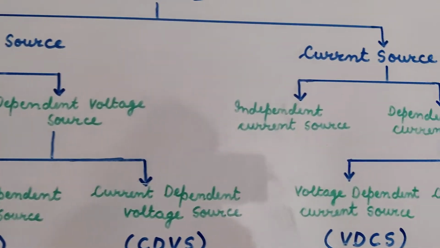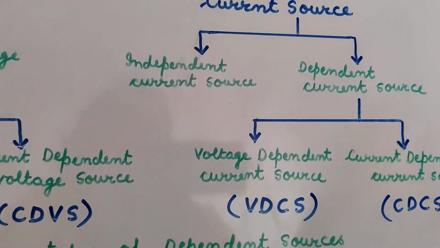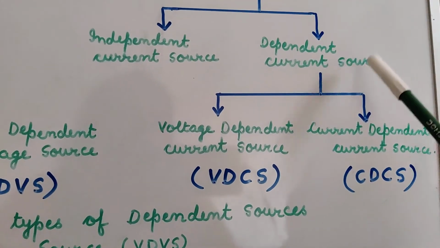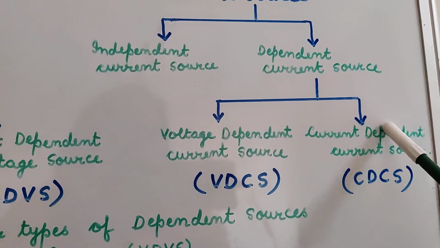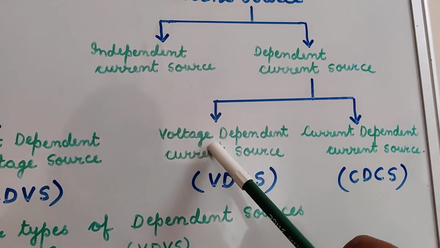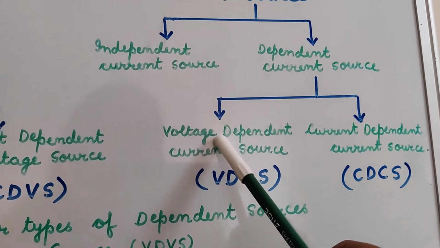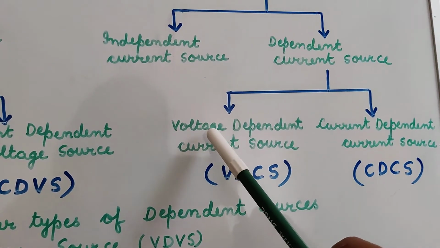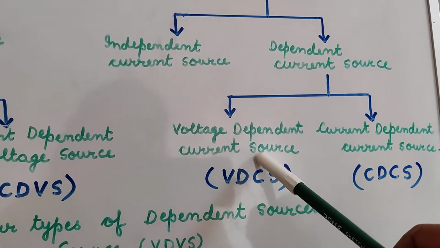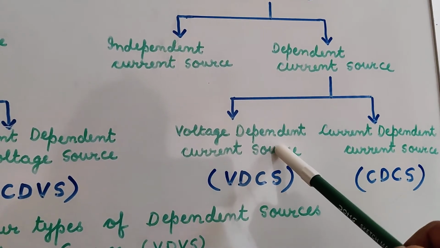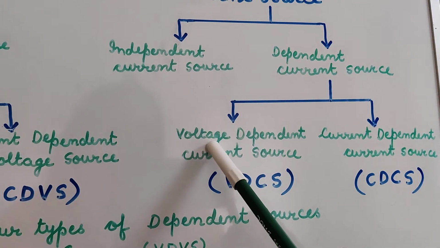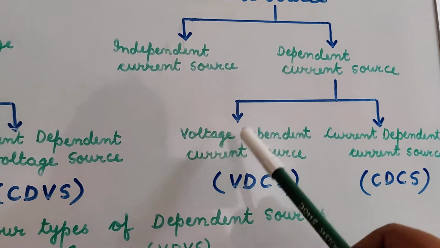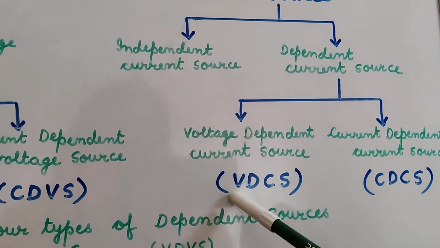In a similar manner, any dependent current source will again be of two types. If it is dependent on the voltage in some other part of the circuit element, then we will call it a voltage dependent current source. That is such a type of current source which is dependent on the voltage in some other part of the circuit. In short, we will write it as VDCS.